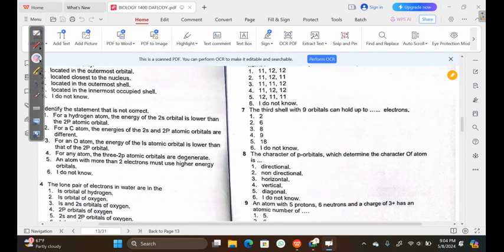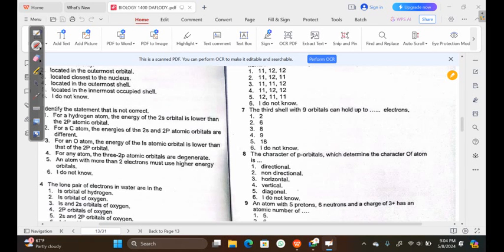What's the answer, guys? 2, 6, 8, 9? Okay, so 18 is the answer. You know that each orbital can only hold a maximum of 2 electrons. So if you have 9 orbitals, you multiply 9 by 2, so you get 18.